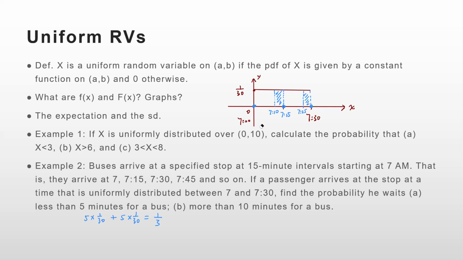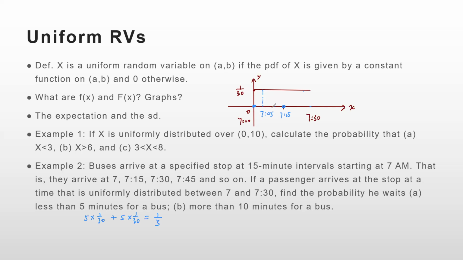Let's study B. More than 10 minutes for a bus. Okay, so this is 7:15. More than 10 minutes means the person cannot get to the station after 7:05. I'm sorry, cannot be after.